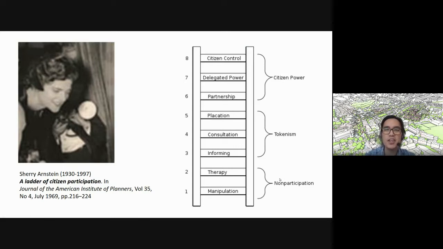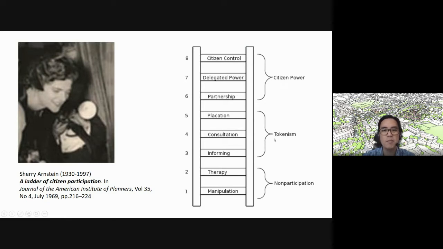So basically, you're not telling them what you're actually doing, you're manipulating them, or it's something very surface level, just saying that we'll do this, we'll do that, and that's what they call therapy in this ladder. Tokenism, it seems like it's still participation, but still not at a very good level.